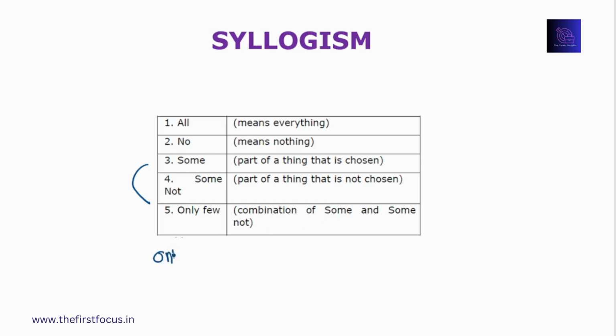For example, if I say in a class of students only few are boys, this means that only few are boys and the others are not boys. It has the meaning of both some are boys and some are not boys. But if I say some are boys, it only says that some are boys and doesn't tell about the other part of the class.